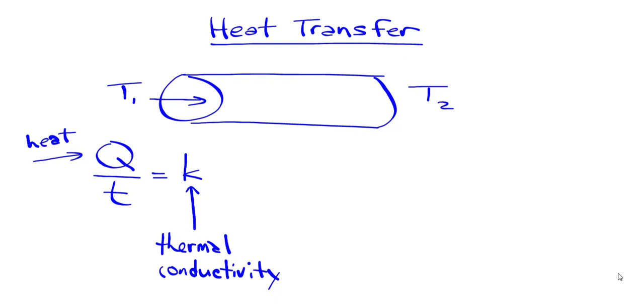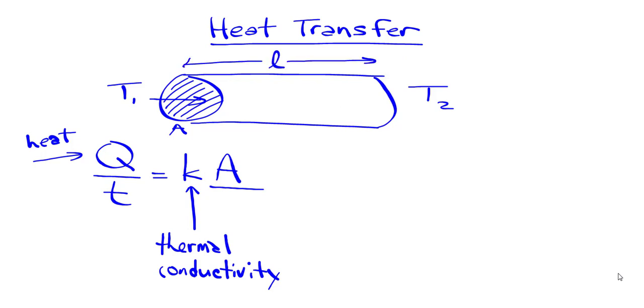Other factors that affect the rate of transfer would be the area by which this passes through. So this area of the cross-section of the material, the larger it is, the more heat transfer you get. Also, what will affect this is the length of the material.